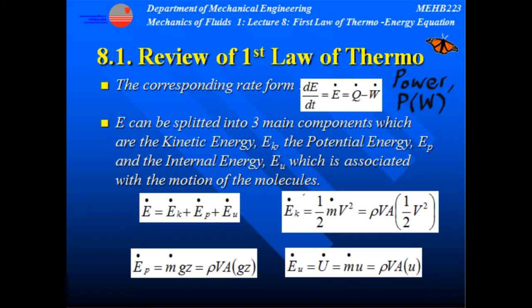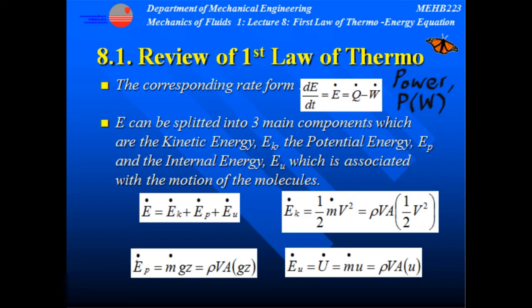So kinetic energy can be measured by using half mv squared. Since the energy is in rate form, mass is in rate form as well, which is the mass flow rate. Potential energy is due to the height or elevation. In this case, the potential energy EP is mgz.